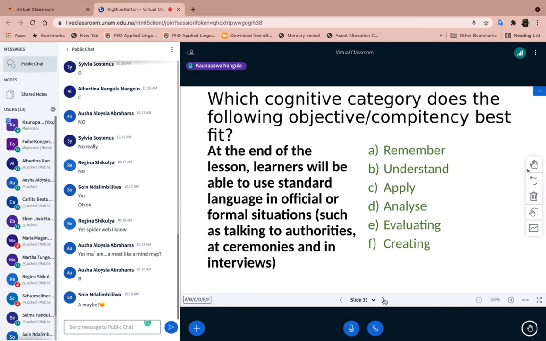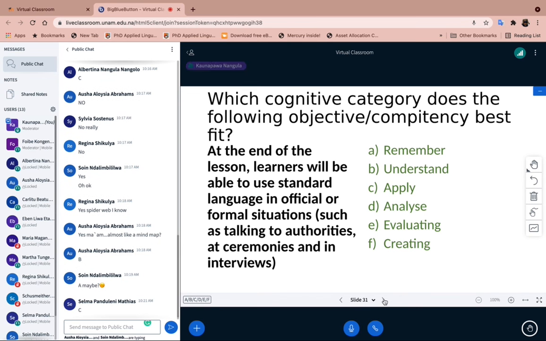And then the next one: at the end of the lesson, learners will be able to use standard language in official or formal situations, such as talking to authorities, at ceremonies, and in interviews. What do you think? So it's like they need to use standard language in an interview.